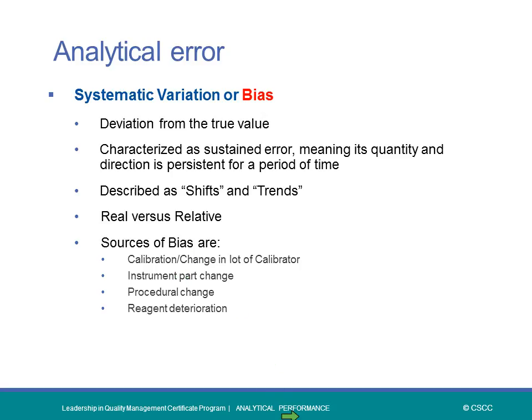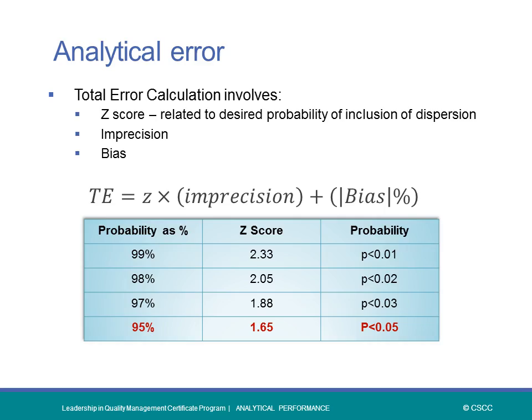Now, both of these elements of total error are brought together and used to determine total error in this calculation we're seeing right here. And the Z value that's used in this calculation most often is the 1.65, and it's based on a probability of 0.05 of values outside this limit.